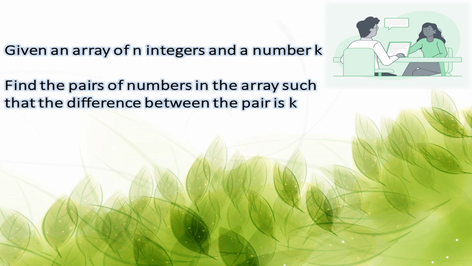If it is less than, I'll increase the right pointer, the L2 pointer. The basic thing is, if I'm getting less than the specified value, I'll increment the L2 pointer, and if it is greater than, I'll increment the L1 pointer.